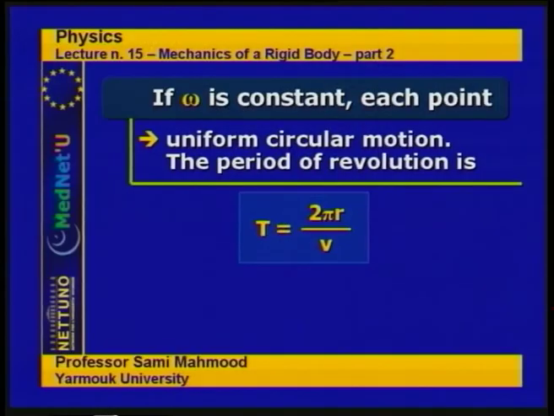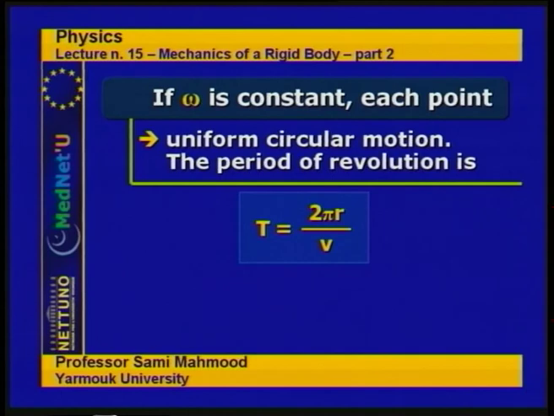If the angular speed is constant omega, a given particle will be traveling with a constant linear speed equal to omega times r, its distance from the rotation axis. So the magnitude of the velocity for a given particle in the body is constant. It depends on its distance and on omega. The time it takes for a full revolution of that particle is equal to the distance it travels, which is the length of the circular path, 2 pi r, divided by the speed of that particle.